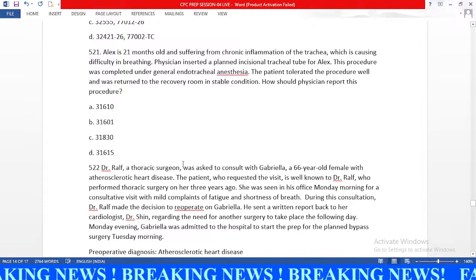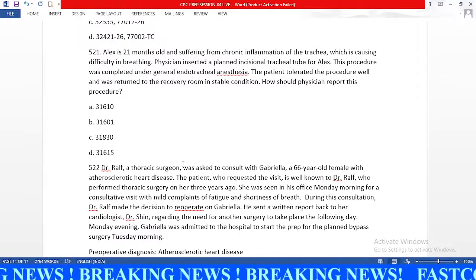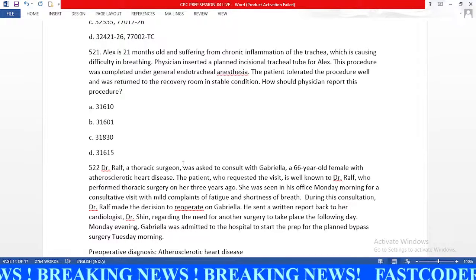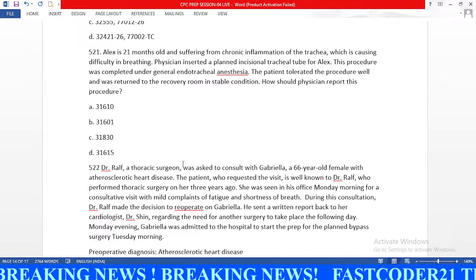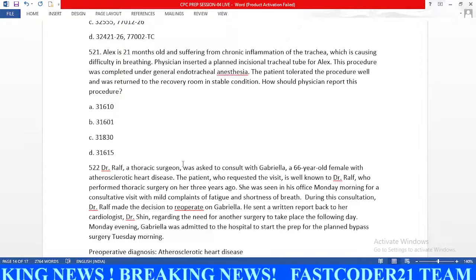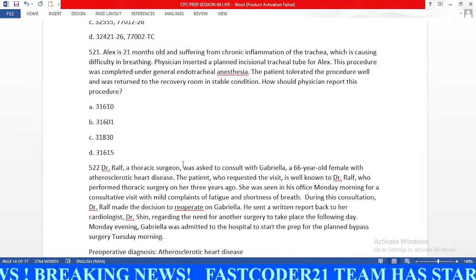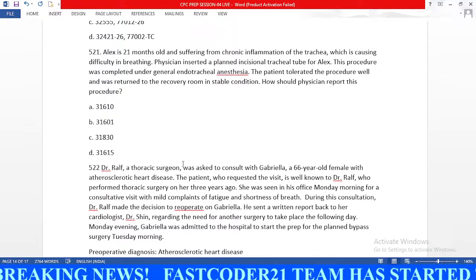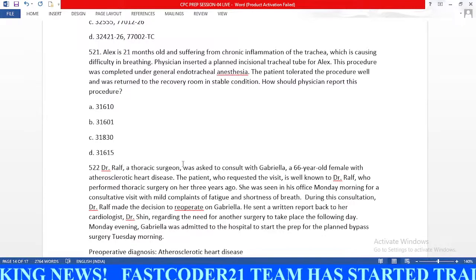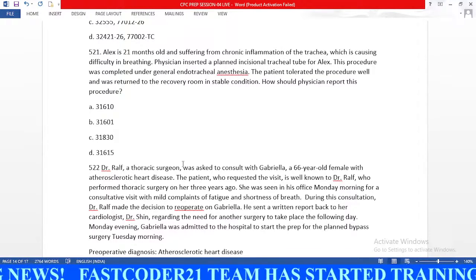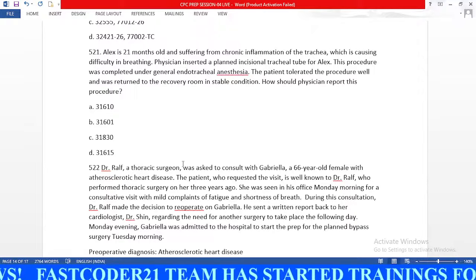Alex is 21 months old and suffering from chronic inflammation of the trachea. Usually inflammation of the trachea we call tracheitis. Inflammation of the trachea is causing difficulty in breathing. Physician inserted a planned incisional tracheal tube for Alex.